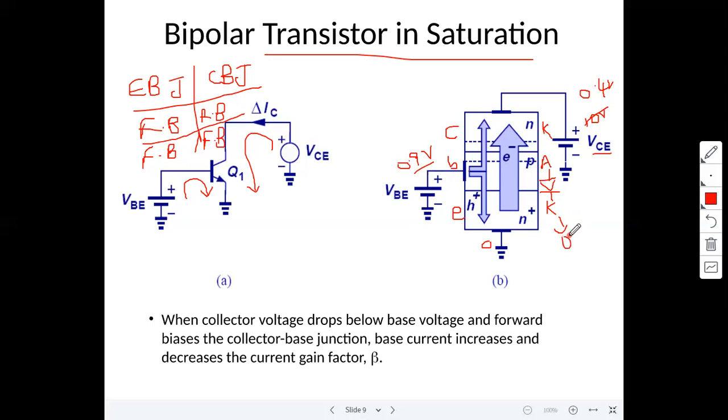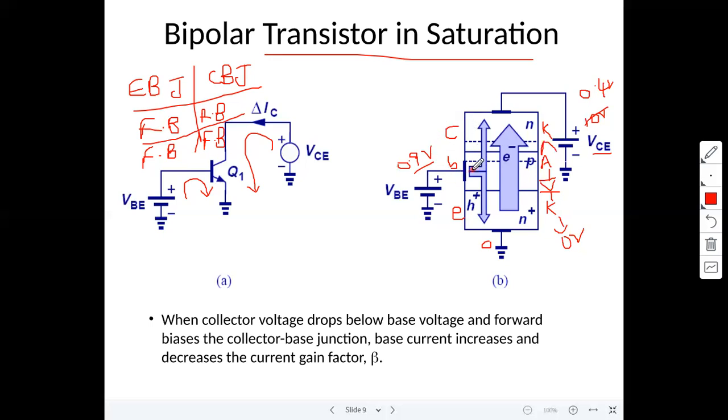So no doubt the emitter base junction is forward biased. What about the upper cathode? The upper cathode means the collector, right? Now the collector is connected to VCE. Suppose VCE is equal to 0.4 volts or up to 0.8, still anode is greater than cathode, so this junction is also forward biased.